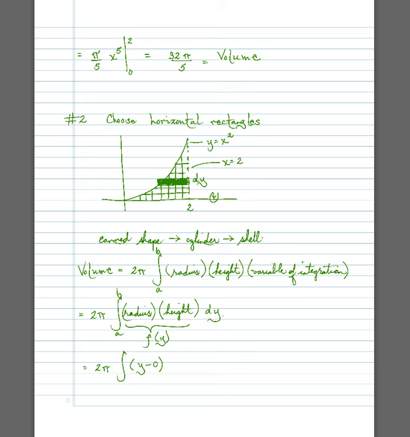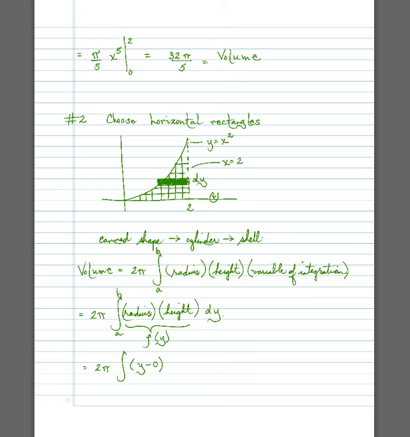Okay, now recall, we are integrating with respect to y. So if we're integrating with respect to y, our functions must be in terms of y. Okay? So y is now our independent variable. And now x is our dependent variable.